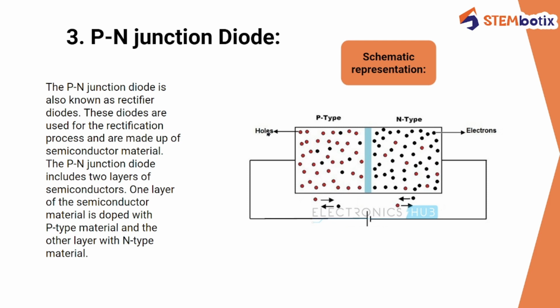On the p type side there are more holes, and on the n type side there are more electrons. The line in blue color is the junction formed whenever a voltage is connected to it. The PN junction diode is also known as a rectifier diode.